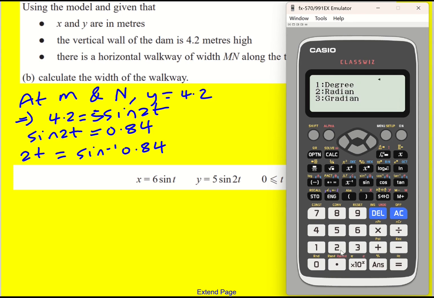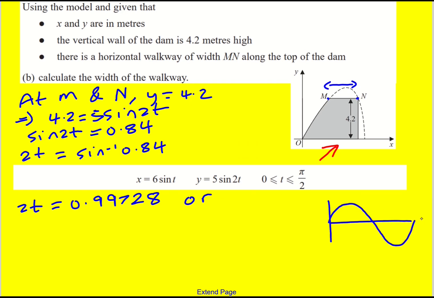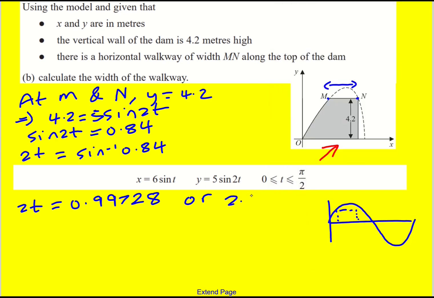So angle unit radians, of course, and then 0.9972. I think there's an 8 after actually. Or, looking at the sine graph, the other one is going to be pi minus that, which gives 2.1443.